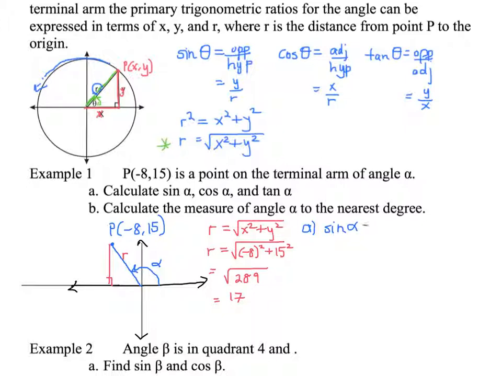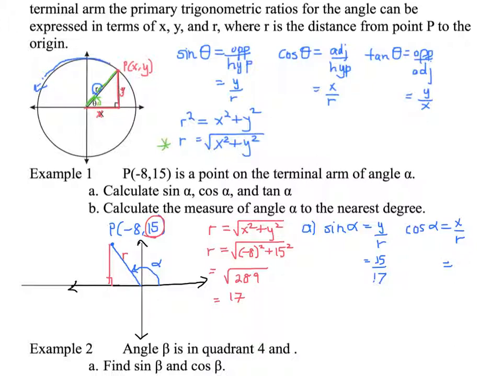Sine alpha, using our formula above, equals y over r. So 15 over 17. The y value, of course, coming from the y coordinate of point P. Okay, cosine alpha is defined as x over r.